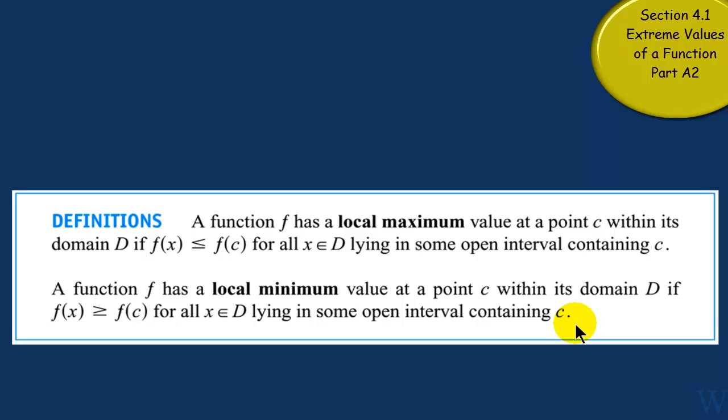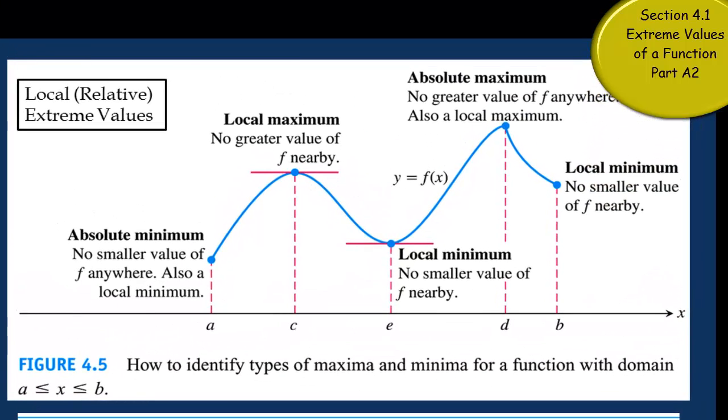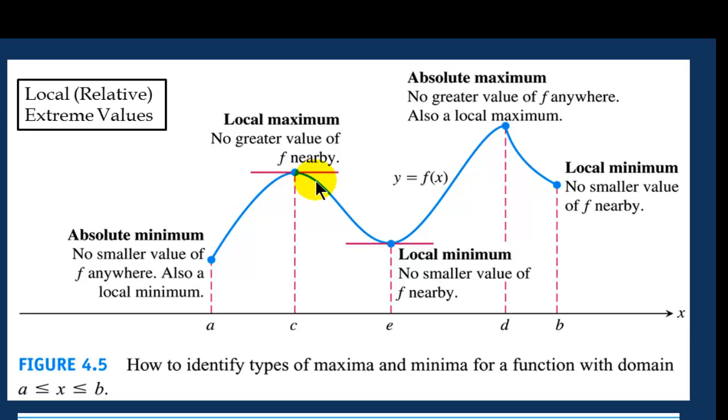Okay, what does this graphically mean? I think it would make more sense if we look at a graph. When we say it is a local maximum, that means you're able to find a hill.